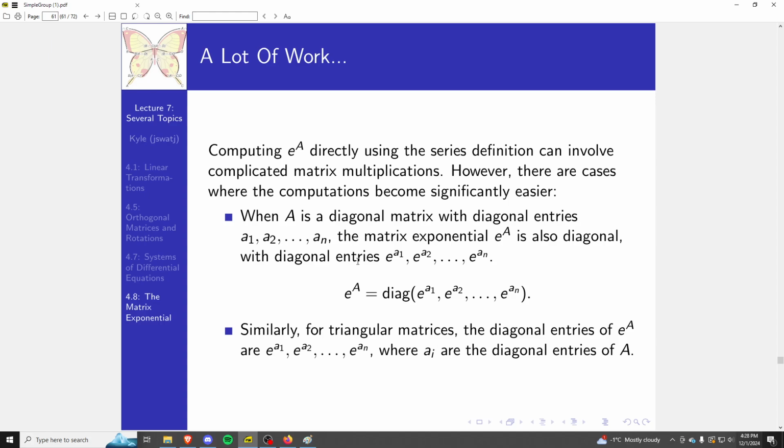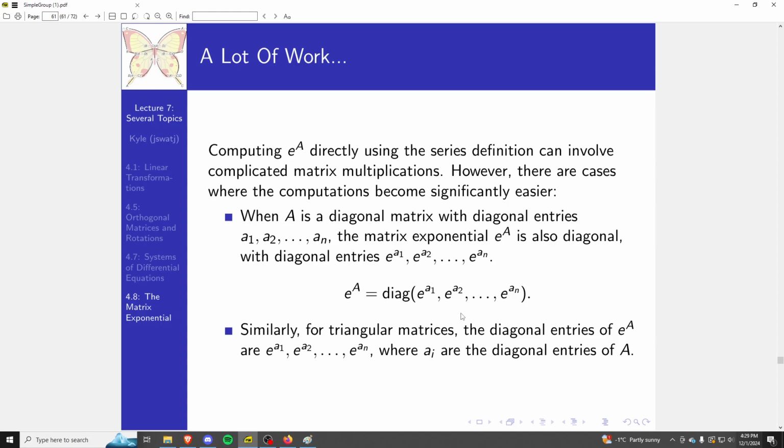And so if it is diagonal, we can compute this as literally just the diagonal matrix made up of e to all of these diagonal entries. Basically just raise e to each of them. And it's similar for triangular matrices, but I think there are some caveats to it.